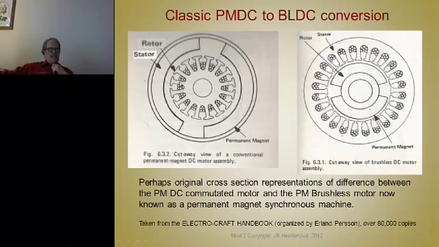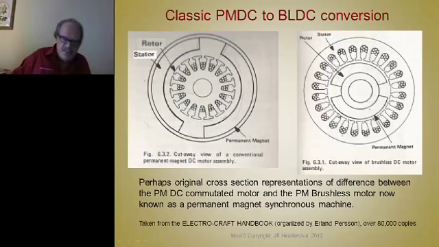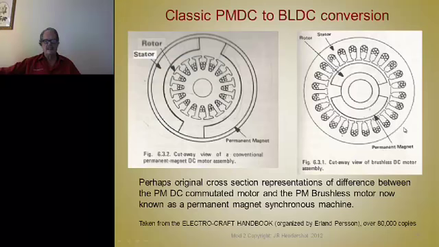Get the flux linkage between the ampere turns of the armature to the B field of the stator, or the magnets. So when they first started talking about brushless machines, their draftsmen, their artists, just reversed this. They put these arcs on the rotor, and they turned these slots inside out and made a stator out of it, you see?